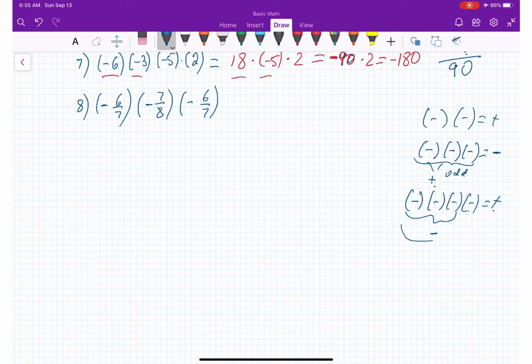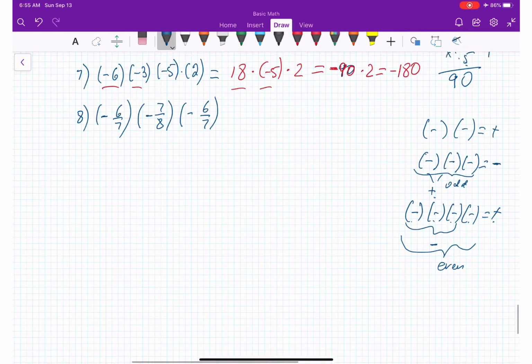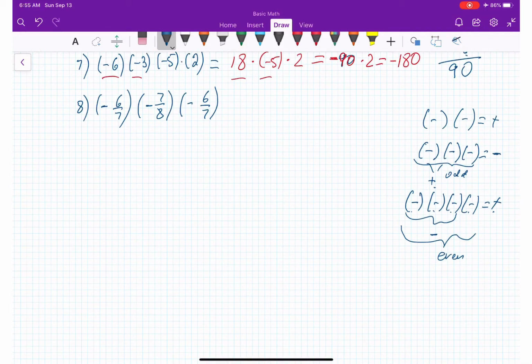But if an even amount of numbers are negative, see, 1, 2, 3, 4, the result is going to be positive. Here we have 3 numbers, and all 3 negative. So the result is going to be negative.